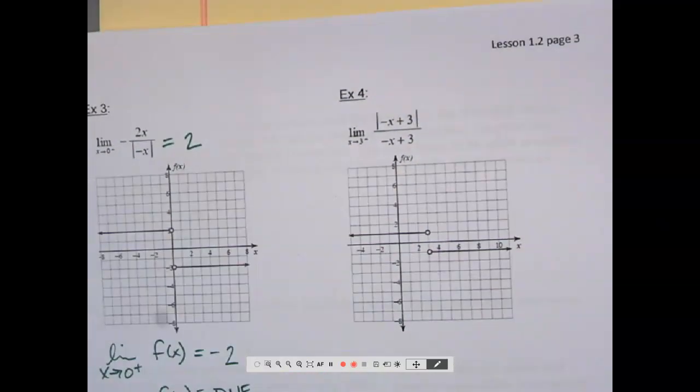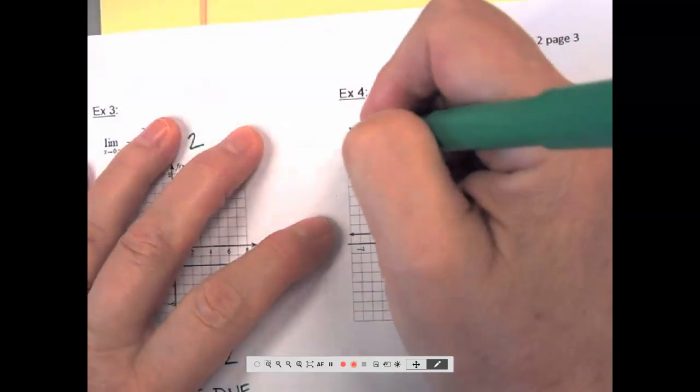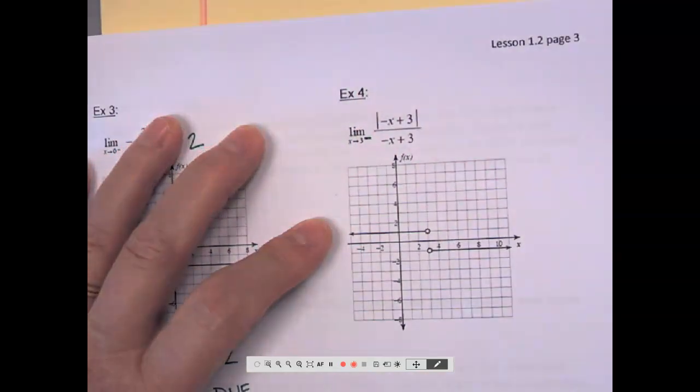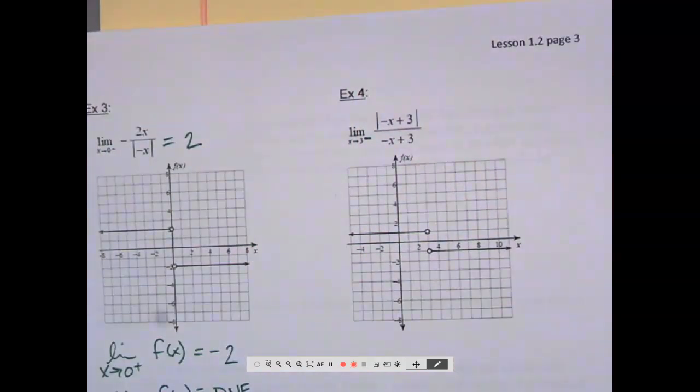Here's our graph. Here's our function. And I want the limit as x approaches 3. Is that a negative, you think? No. I'm not sure. All right, we're going to say it's a negative. Very faint if it's a plus.